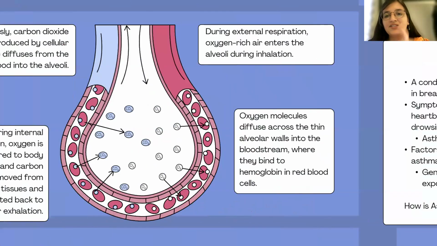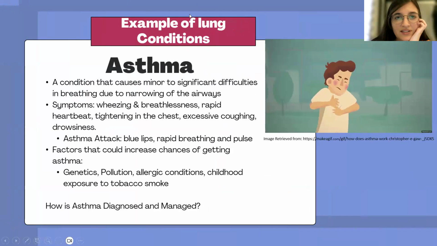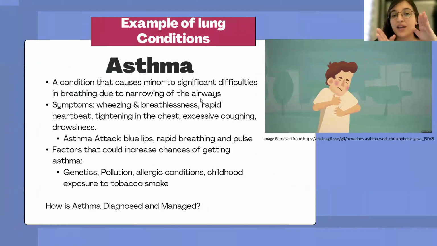Okay, asthma. Let's go through it one more time. Elizabeth and Sue, I'm not sure where you missed, so I will just do it from the start. Asthma is basically a lung condition in which your airways become narrow. People who are experiencing an asthma attack have breathlessness and difficulty breathing, and you can hear a wheezing sound when they're breathing.